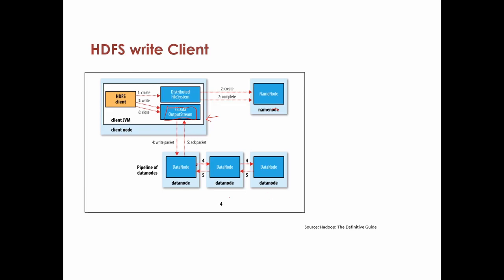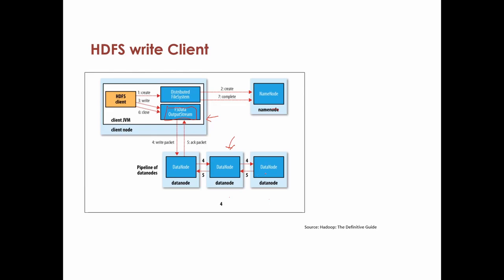The data node creates another block on another data node, and talks to it to write the data of this block there also. Similarly, this data node talks to the third data node outside the rack and writes the data there. So this is called the pipeline write.